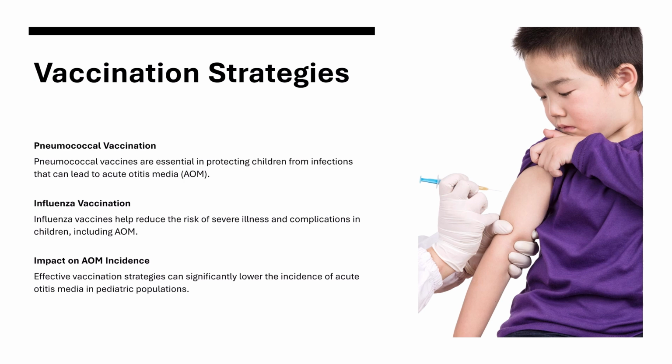Effective vaccination strategies can significantly lower the incidence of acute otitis media in the pediatric population. So it is very important that you guide and teach the families, because sometimes they are not willing to vaccinate their children because of the side effects. It's our duty as clinicians to guide them on vaccination.